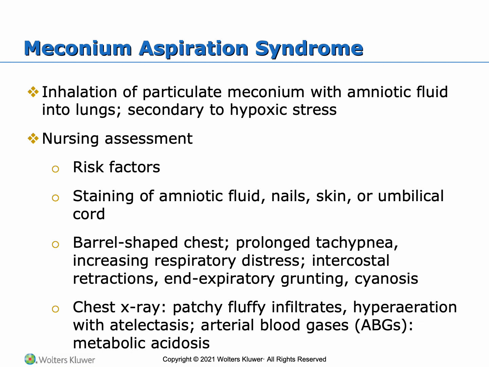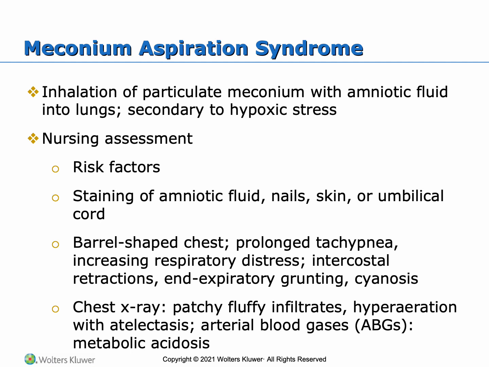You're going to observe the newborn for a barrel-shaped chest with an increased anterior-posterior chest diameter. It's similarly found in clients with COPD. Also prolonged tachypnea, progression from mild to severe respiratory distress, intercostal retractions, expiratory grunting, and cyanosis.